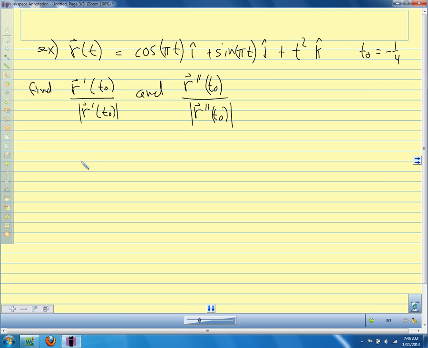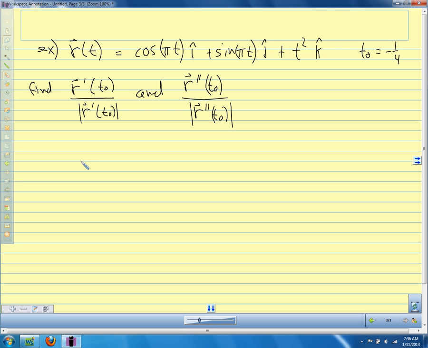Unit vector in the direction of the velocity, right? So we're looking at unit vectors here. We're calculating some unit vectors in the direction of our velocity, in the direction of our acceleration, if we're interpreting this as a position vector and t as time.